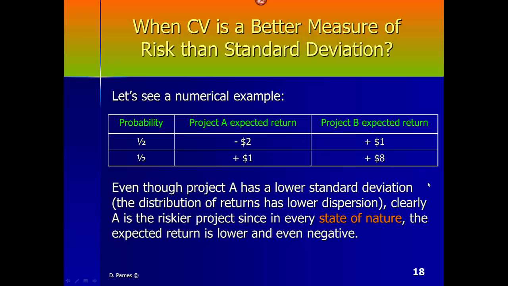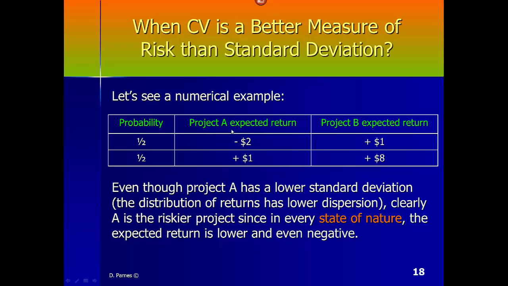Without getting into messy calculations, you can see that project B has a higher variance, higher standard deviation. Why is that? Take a look at this distribution of returns. The gap between the left tail and the right tail is $7. Between 1 and 8, you have a gap here of $7. The gap here is only $3. Between minus 2 and plus 1, the gap here is $3.